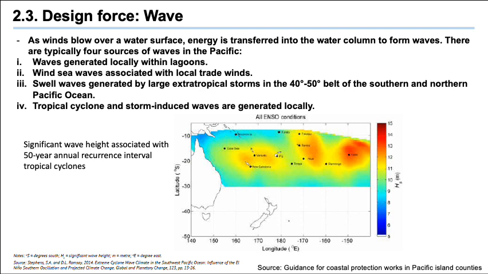The second one is wind-sea waves associated with local trade winds. The third one is the swell waves generated by large extratropical cyclones in the 40 to 50 degree belt of the southern and northern Pacific Ocean. The fourth one is tropical cyclone and storm-induced waves generated locally.